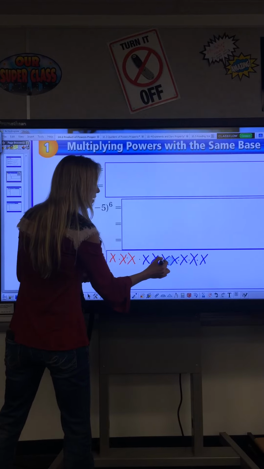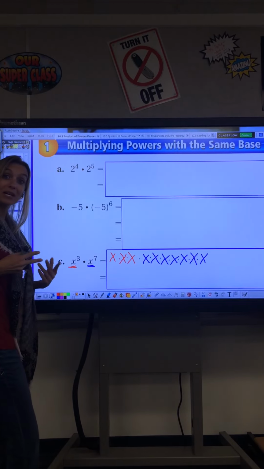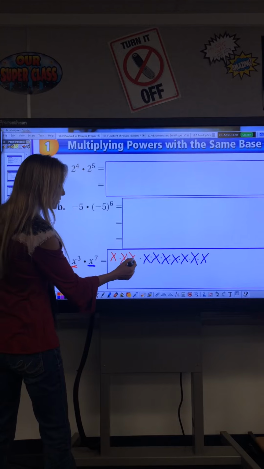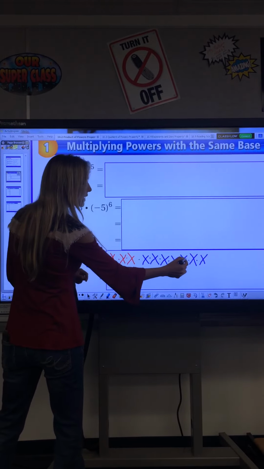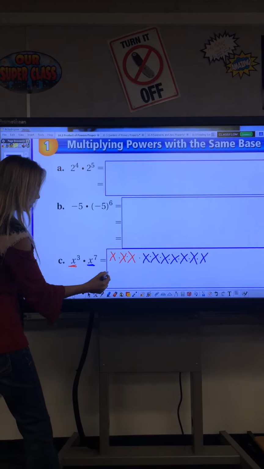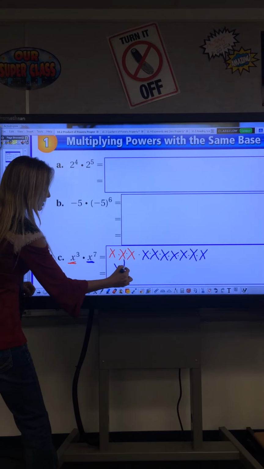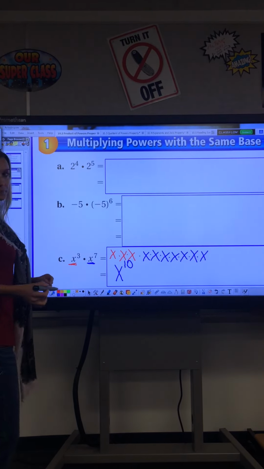How many x's do I have that multiply themselves? 1, 2, 3, 4, 5, 6, 7, 8, 9, 10 of them. So the answer is x raised to the 10th power.